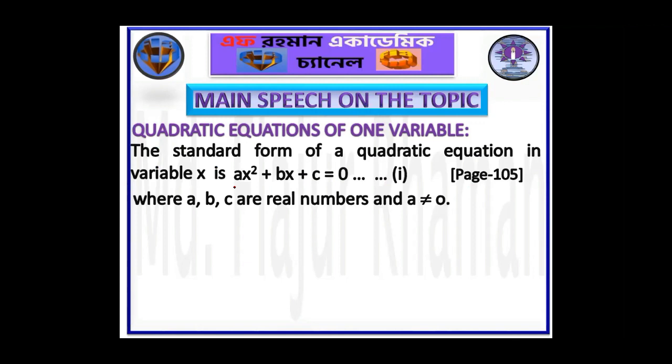If we put a is equal to 0 here, then the equation ax square plus bx plus c is equal to 0 becomes bx plus c is equal to 0, which is certainly a linear equation or an equation of degree 1.